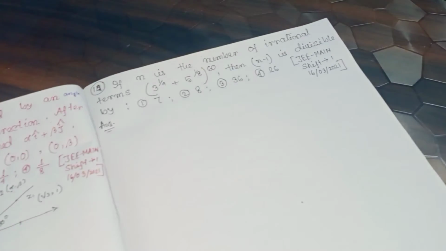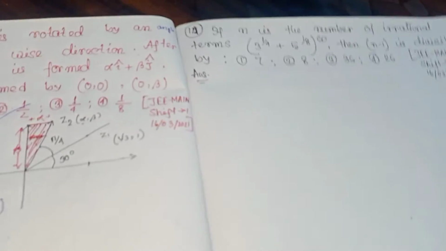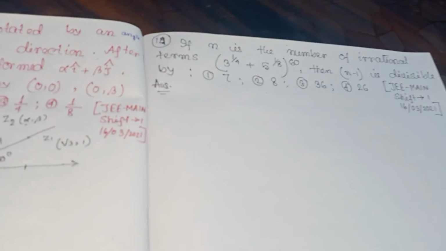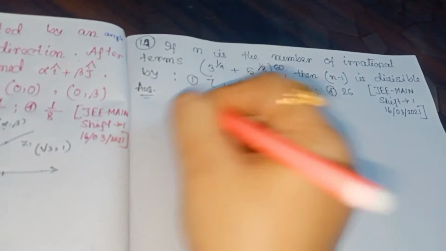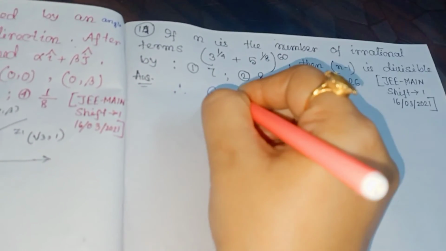At first, the number of irrational terms of this expression is asked. In this case we should calculate the general term.